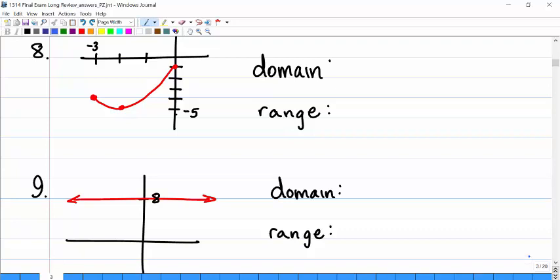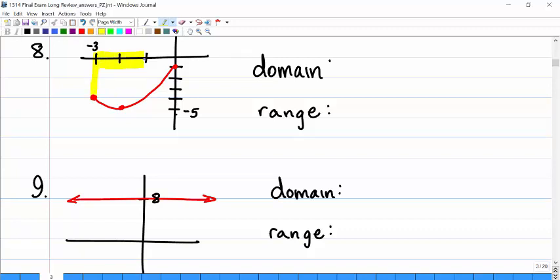Number 8 and 9, they give you the graph and they ask you to find the domain and the range. Remember that the domain corresponds to x values and the range corresponds to y values. For my domain, on number 8, what x values does this graph correspond with? It starts here at x equals negative 3.